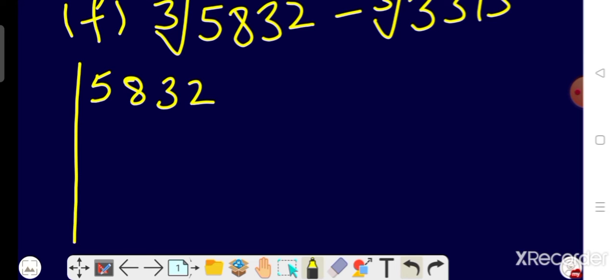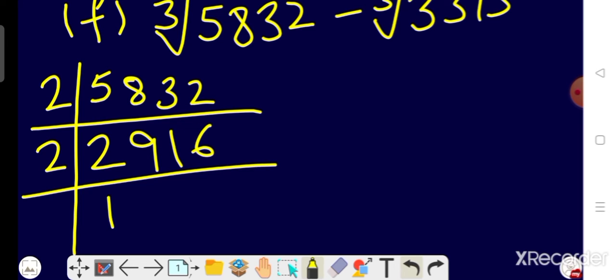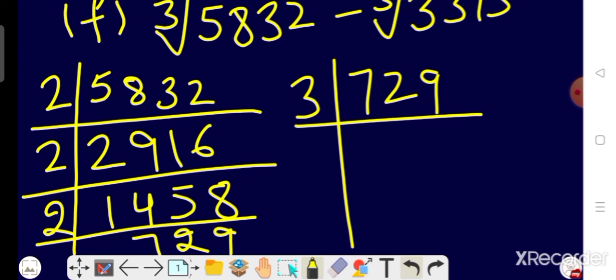5832. Calculate the prime factorization of this. This will become 2916. Again divided by 2, 1458. When you again divide this number by 2, it will become 729. 729 is divisible by 3, so this will become 243.